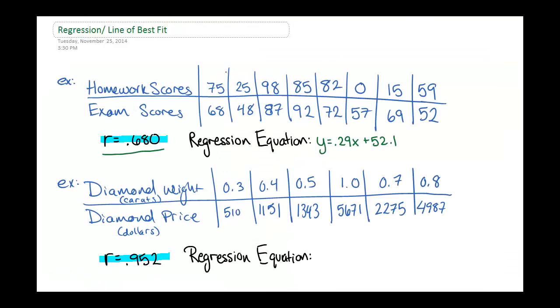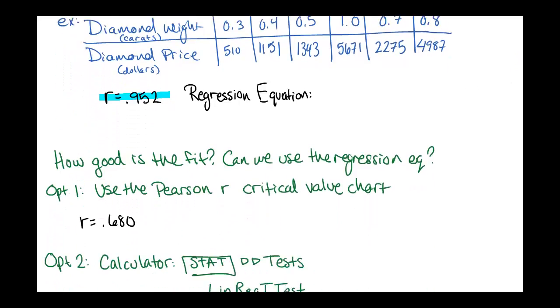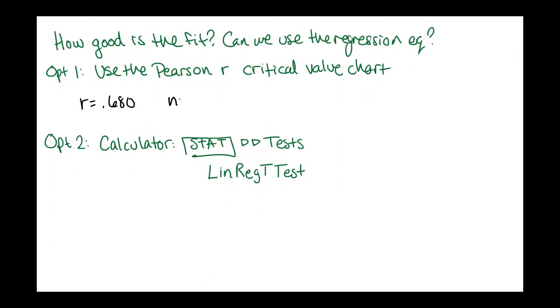So if we come back to the data, there were 8 data points on this homework scores and exam scores piece. So that means that we've got an n value of 8, and then the problem should say what significance level we need, but let's just use a significance level of 0.05 for this one.